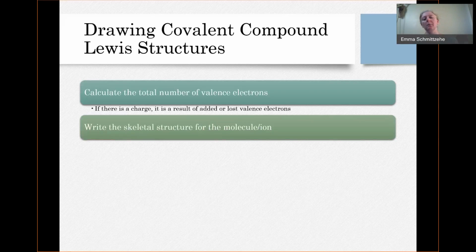What I mean by the skeletal structure is you write down the element symbol for each atom in that structure, and you connect them each by a line. Everything always has to be connected in a Lewis structure. So you would start with just individual lines, so single bonds, to connect those things.